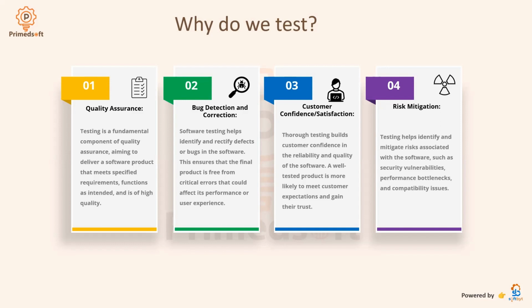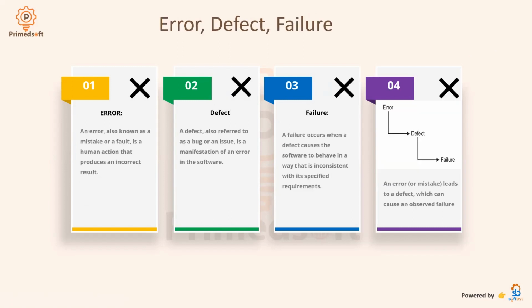So once the actual condition didn't meet the expected condition, there is an error, or you can say that there is a bug in that particular software. So the next thing we'll be looking at is, what is this error? What is this defect? And what is failure, right? So that brings us to our next slide, which says error, defects, and failure.